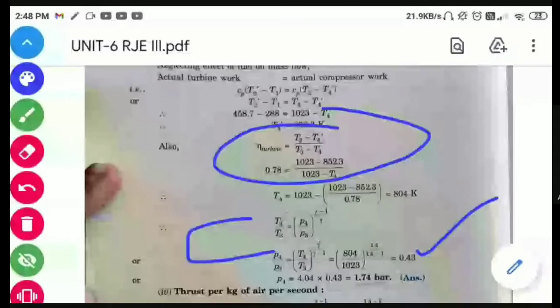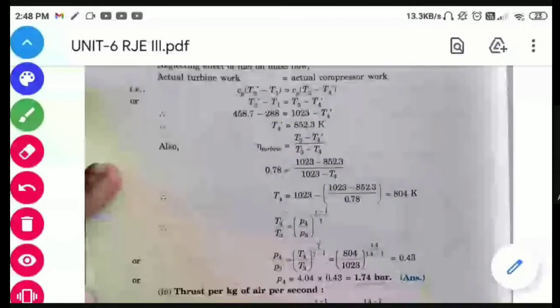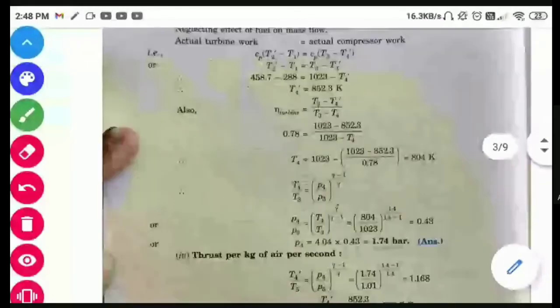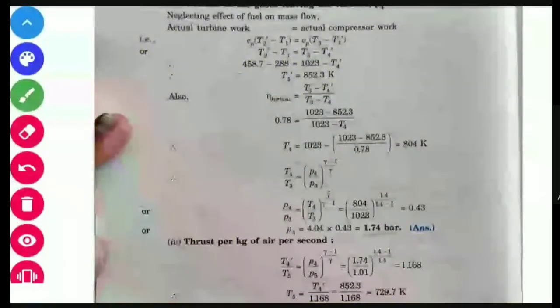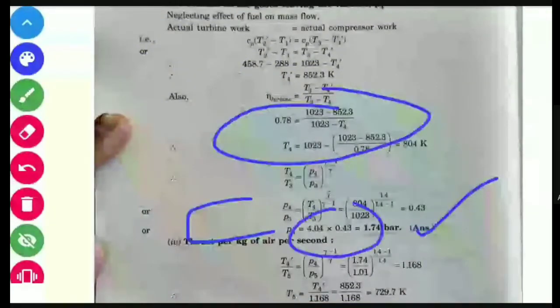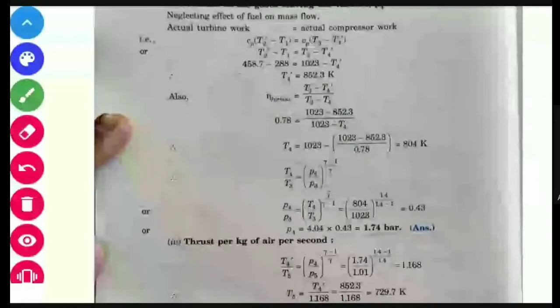I think P3 value is 4.04. It is given the condition constant pressure, P2 is equal to P3. So P4 is equal to that value 0.43 into 4.04. Then you get the P4 value, right?